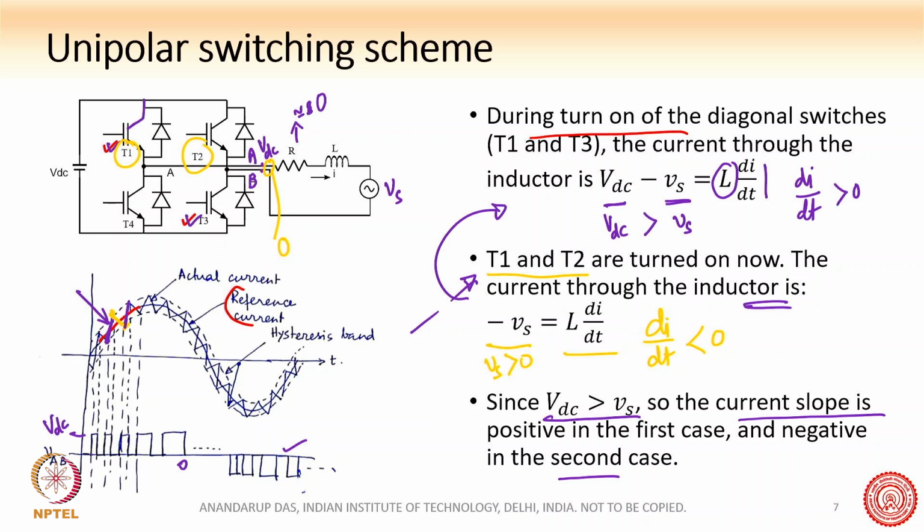So you can understand that this technique of switching is very simple to understand and very easy to implement, because you have just a band, and within that band you are trying to control the current.